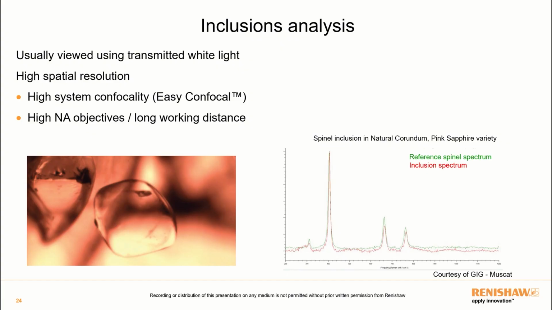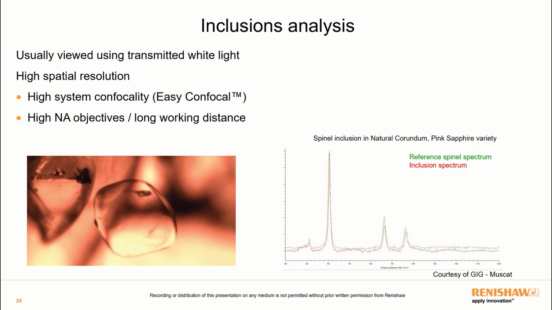Also, the sample illumination is very important. So the inVia microscope supports transmitted, reflected, and dark field illumination, giving you a range of options for locating the inclusions.